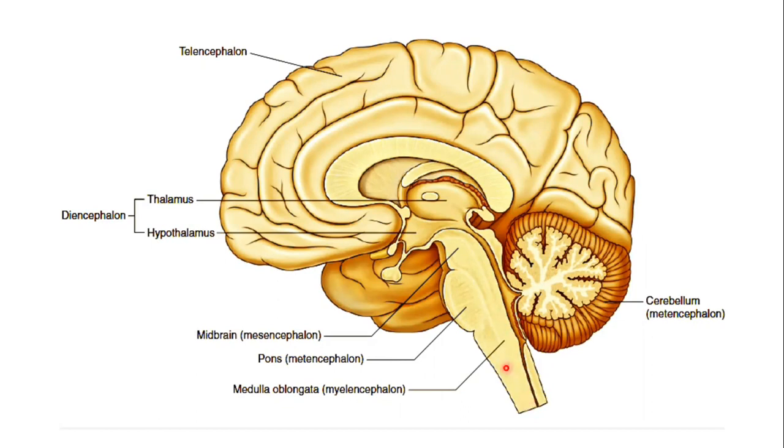To the pons are attached the 5th, 6th, 7th, and 8th cranial nerves. And to the midbrain, our today's topic, we have 2 cranial nerves, the 3rd and the 4th. At the upper level is the oculomotor nerve, and at the lower level is the trochlear nerve. So these are the 2 nerves related to the midbrain or mesencephalon.